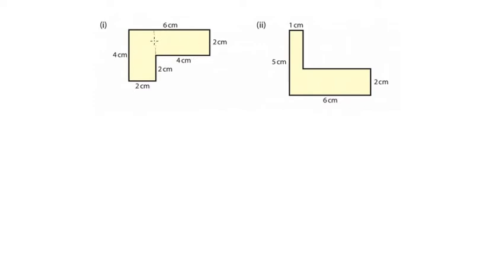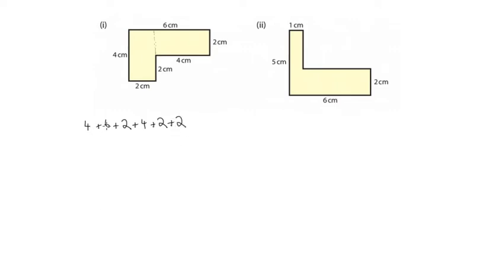So if you pause the video now and have a go at this one here, and then we'll explain what to do in the second one. So this one here, pause the video and have a go, and then unpause and we'll go through. So this one here, we just add up all the sides. So I'm going to start here, and I'll write down 4, and then I'll write down plus 6, plus another 2, plus another 4, plus another 2, plus another 2.